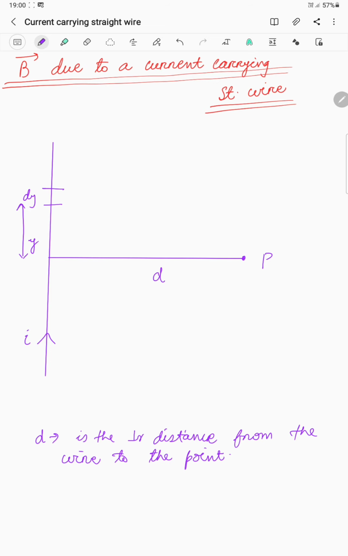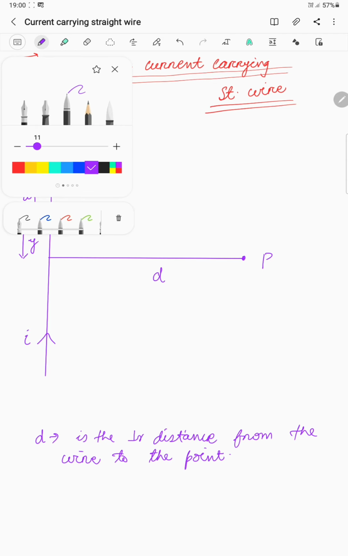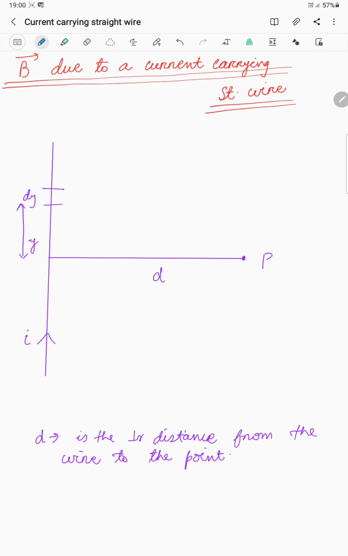Now this dy element will subtend an angle d theta at point P. So we will draw a line. It will subtend an angle d theta from point P. So this angle will be your d theta.